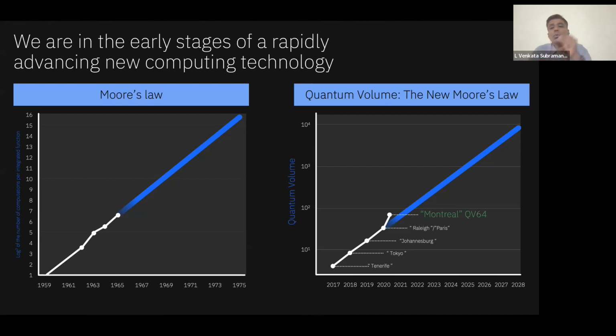So the new Moore's law is quantum volume, which has been doubling, and we are seeing that this trend is going to continue. IBM has forecasted this, and we will be showing that this quantum volume law is followed.